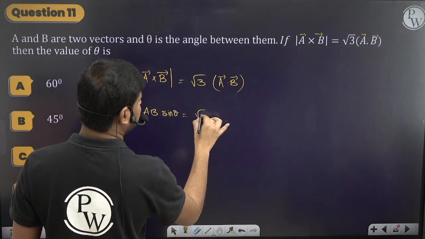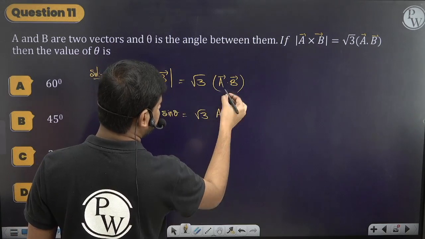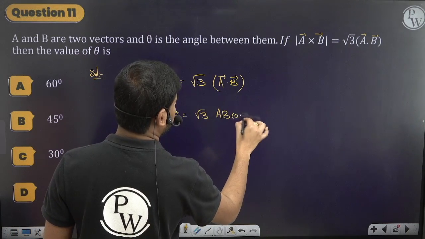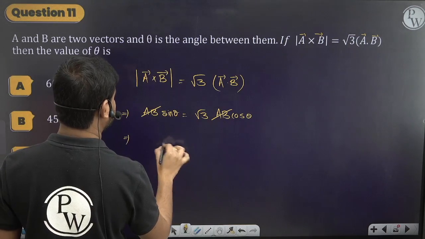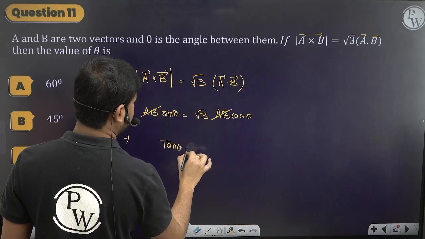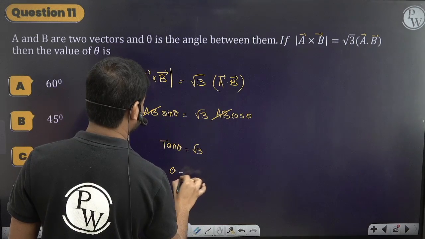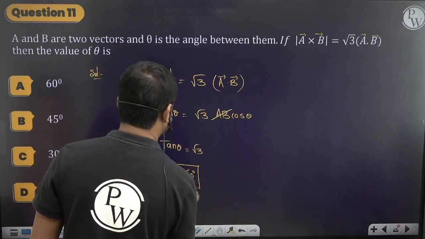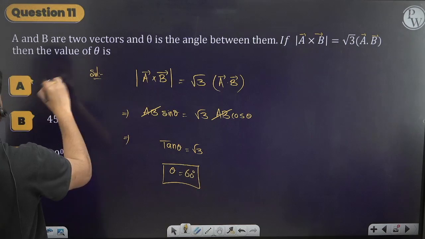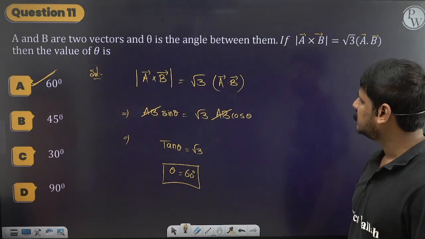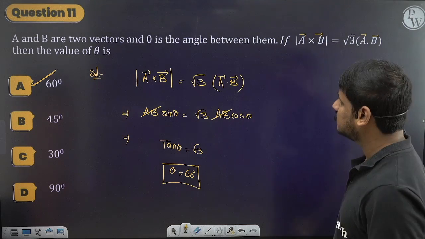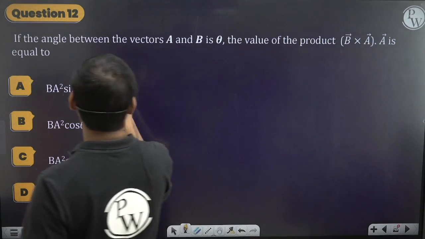And A dot B is AB cos theta. So AB cancels. Sin theta by cos theta, tan theta is equal to root 3. So theta must be equal to 60 degrees. Option A is the correct one. Understood? Clear? So next question, see here.